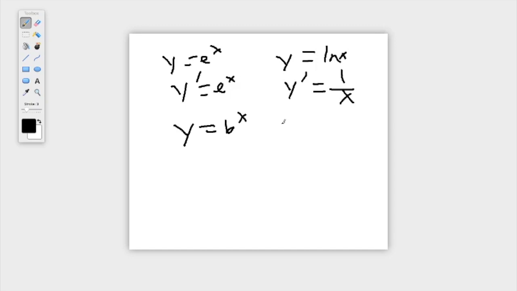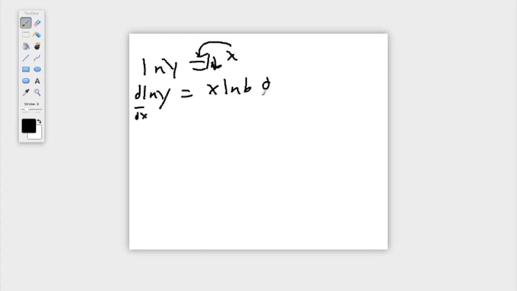And y equals log base b of x. So this might be a little trickier to find the derivatives. We're basically trying to find y prime for both of these. So I will do that right now.